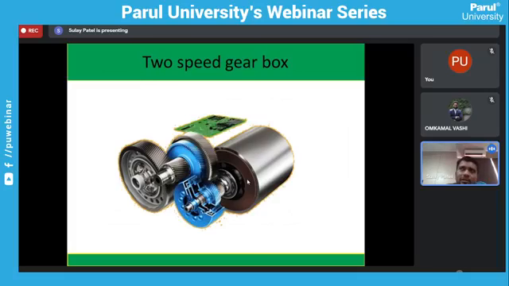Right now, if you search Google for electric vehicle transmission, you will mostly find that there is no transmission, only a single speed reduction gearbox is used, so your vehicle is fully automatic with the single speed gearbox. But after a few years, you may see a multi-speed automatic gearbox, and maybe a CVT too, in the future.